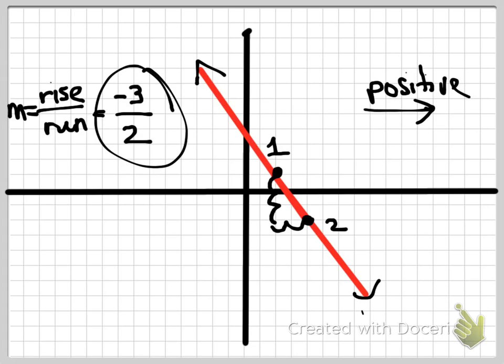That is a simplified fraction already, so the correct answer would be C, negative 3 over 2. And that's how you're going to work numbers 1 through 10.